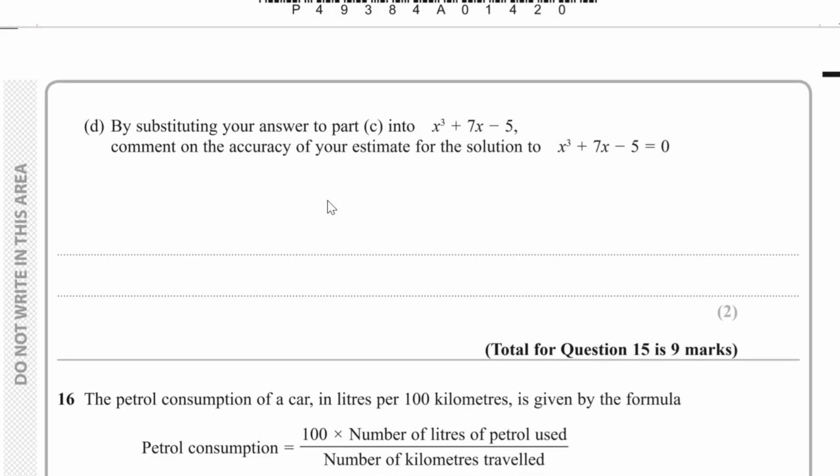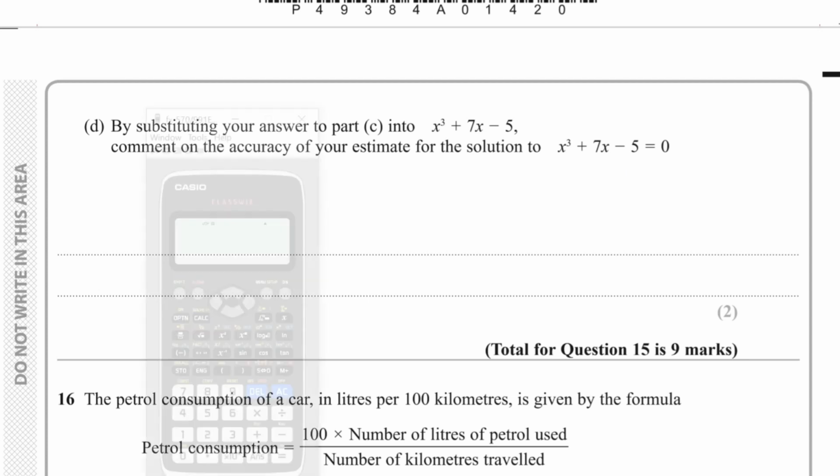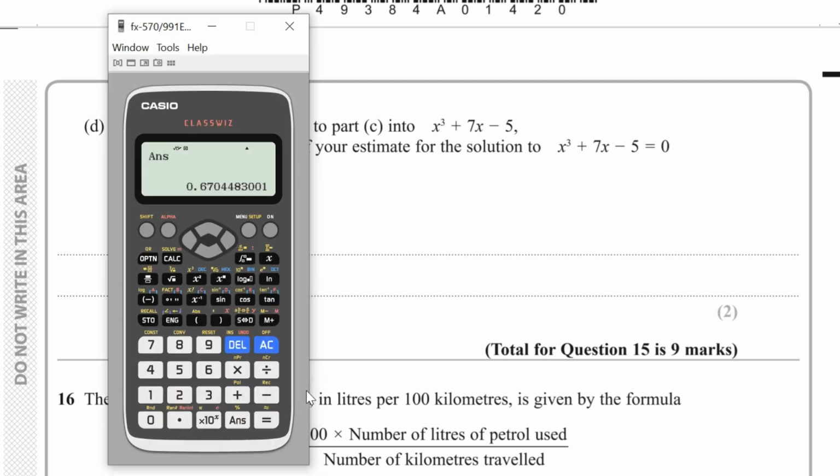And now for part D, by substituting your answer to part C into x cubed plus 7x minus 5, we have to comment on the accuracy of our estimate for the solution to x cubed plus 7x minus 5 equals 0. Well, let's take a look at our answer. That's what we got previously.